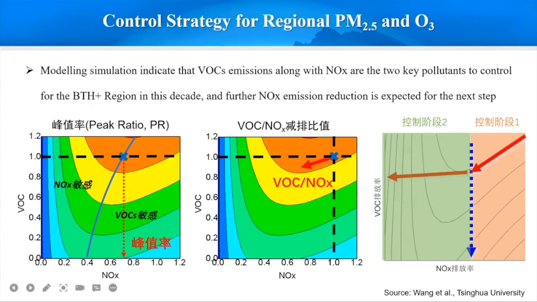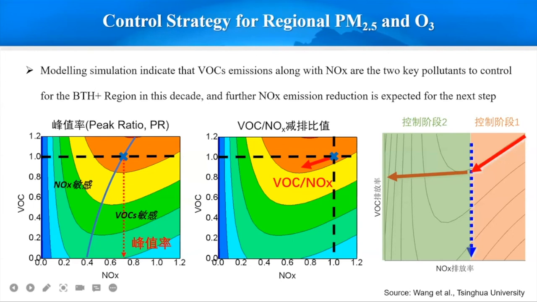And finally, I want to show a modeling simulation from Tsinghua University, Professor Wang's group. Their simulation indicates that the VOC emissions along with the NOx emissions are the two key pollutants to control during the coming 10 years.